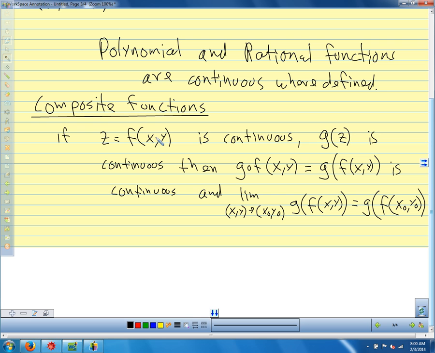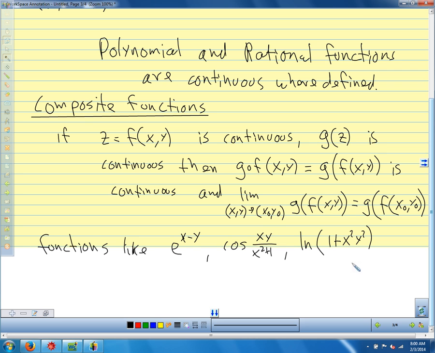So what this implies is that functions in the form, just to look at some quick examples, functions like e to the x minus y, cosine of xy over x squared plus 1, natural log of 1 plus x squared y squared. These types of functions are going to be continuous because we're composing continuous functions with other continuous functions. They're going to be continuous where they're defined.